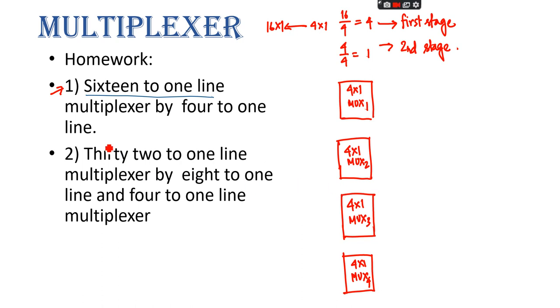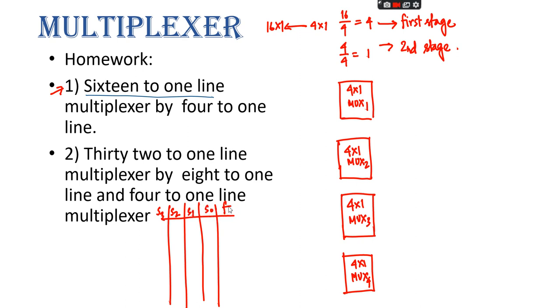So for the 16 to 1 line multiplexer, what would be my truth table? I will have 16 inputs. How many control inputs should be there? 4, right? S3, S2, S1, S0.